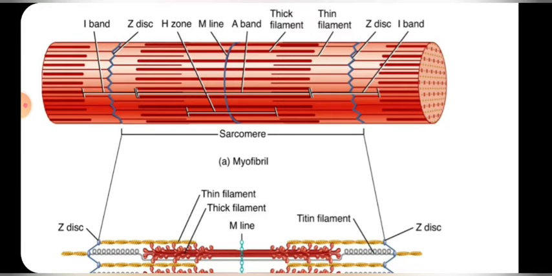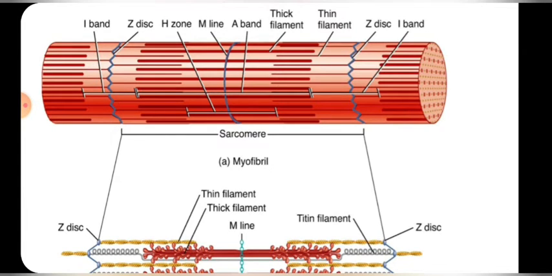Then you can see the H zone. The H zone contains an A band. The arrangement of the thick and the thin filaments is shown in this figure.